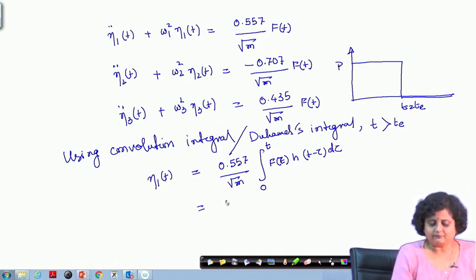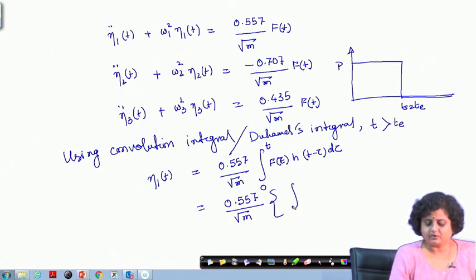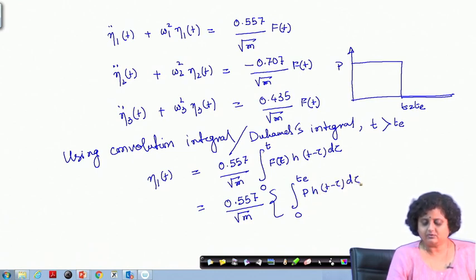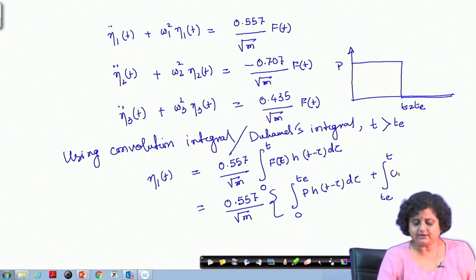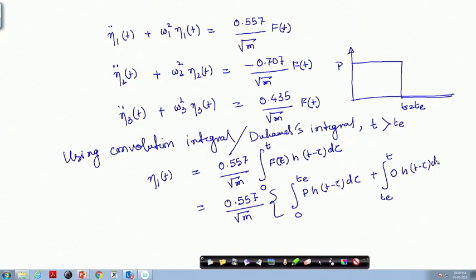Since the force is discontinuous, I have to write this as 0 to t e, p h t minus tau d tau, plus t e to t, where f tau is 0, into h t minus tau d tau.